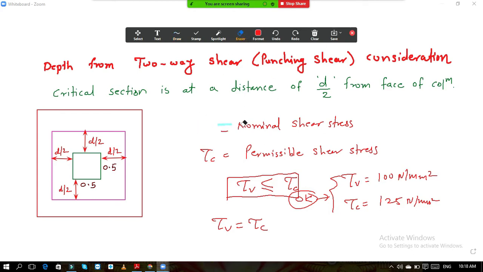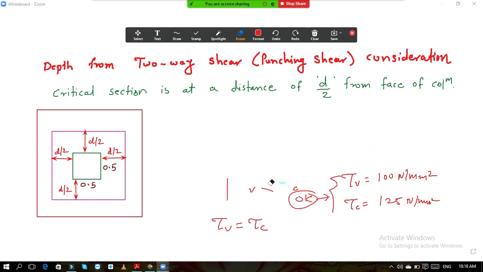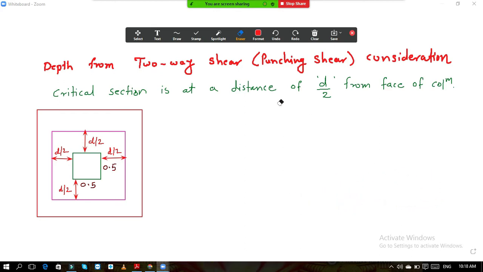I will erase this first. This is the concept which I have told you right now. So here I will write, we know that our nominal shear stress tau v must always be less than or equal to tau c.